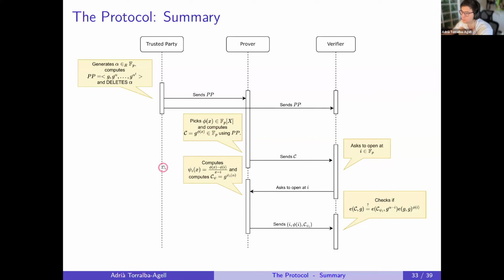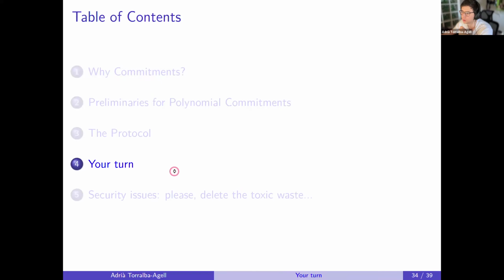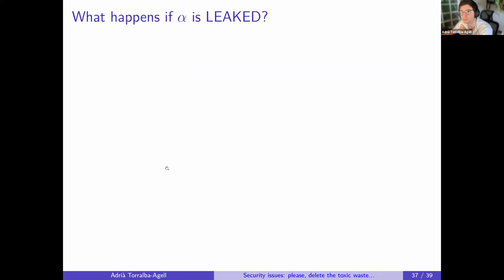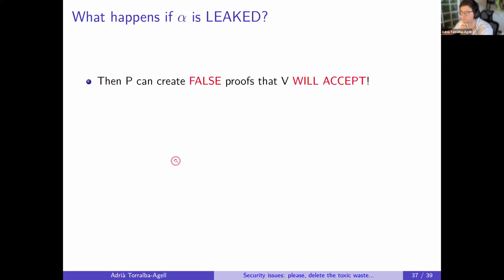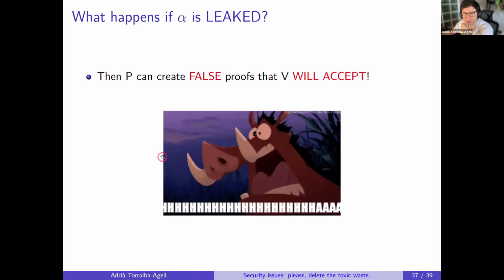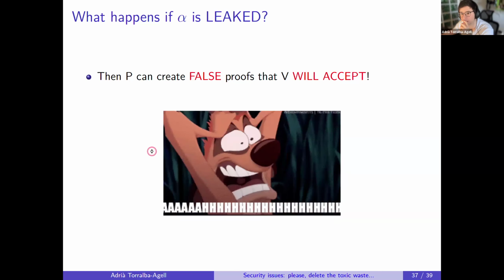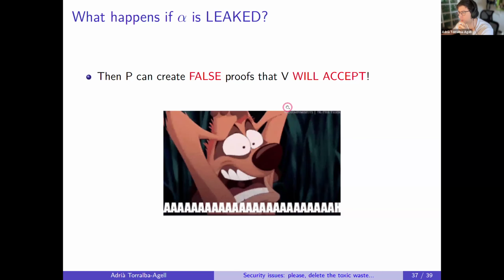Regarding the security issues, what happens if alpha is leaked? The problem is that if alpha is leaked, then P can create false proofs that V will accept, which is very, very bad. Let's see how we're going to do that.